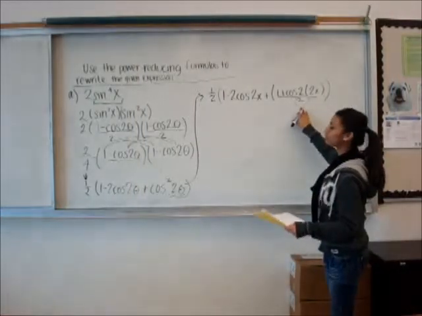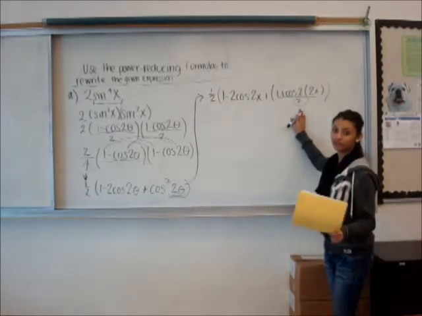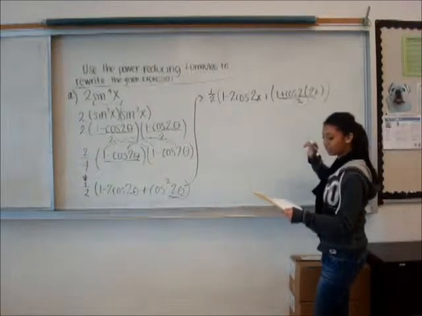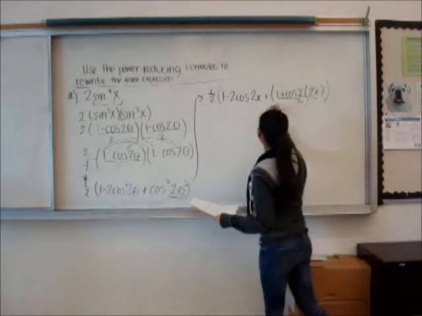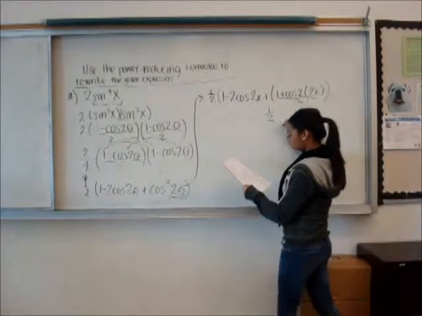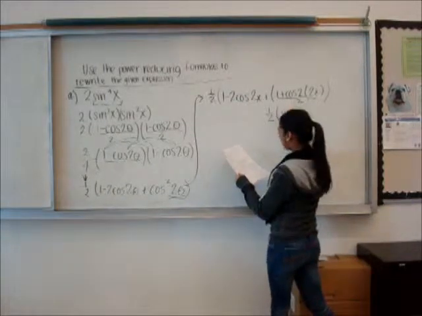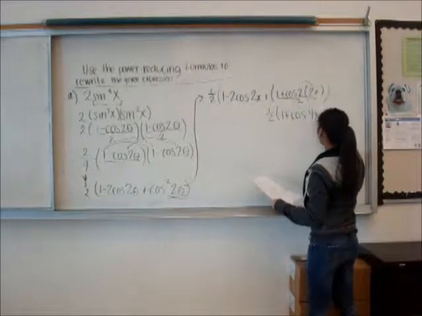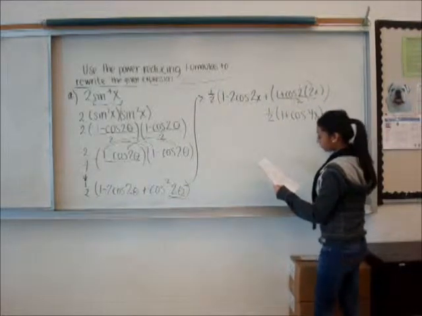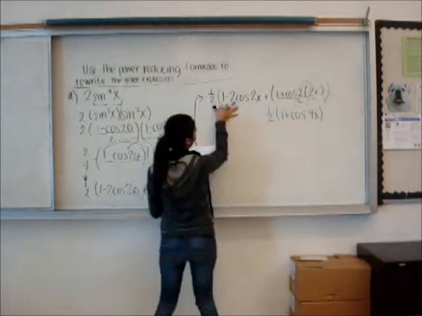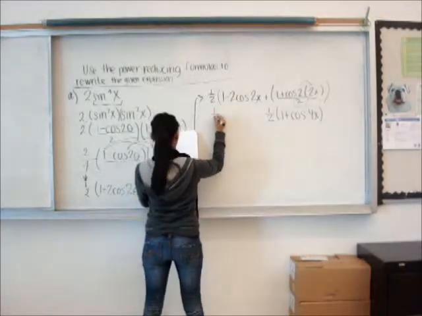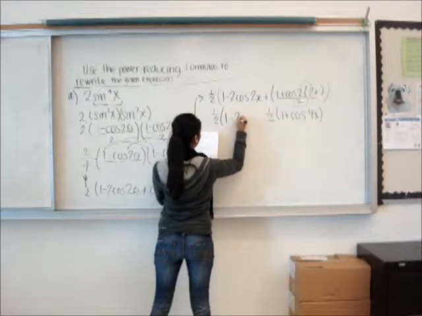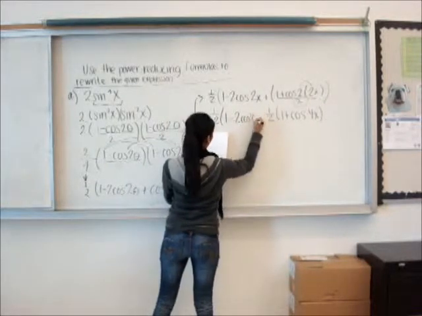Okay, now you have this 2 in the denominator, and we don't like to have anything in the denominators, so having this 2 out here is the same thing as putting it out in front and saying 1/2. So this becomes 1/2, 1 plus cosine, multiply these 2, 4x, or 4 theta. And you just drop this down. So it becomes 1/2, 1 minus 2 cosine theta.